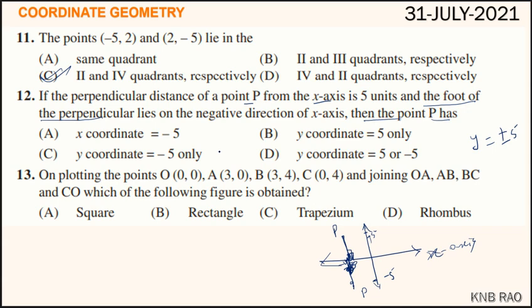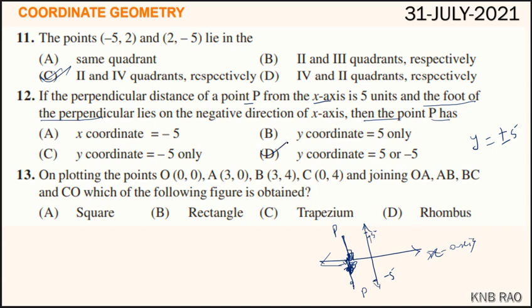Because the foot of the perpendicular drawn from a point P to the x-axis touching the negative direction is not making it clear whether the value of y is plus 5 or minus 5.